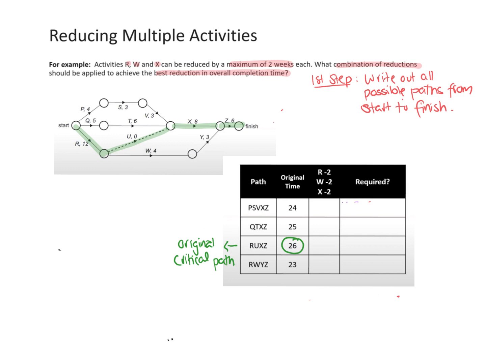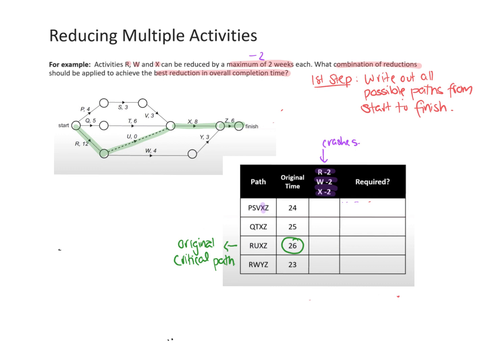So if you look at the original time, now what we're going to do is apply these crashes, or here are the crashes. So our crashes, they said we could take away a maximum of 2 weeks of R, W, and X. So what you could do is you go into your table and just highlight when you see those letters.